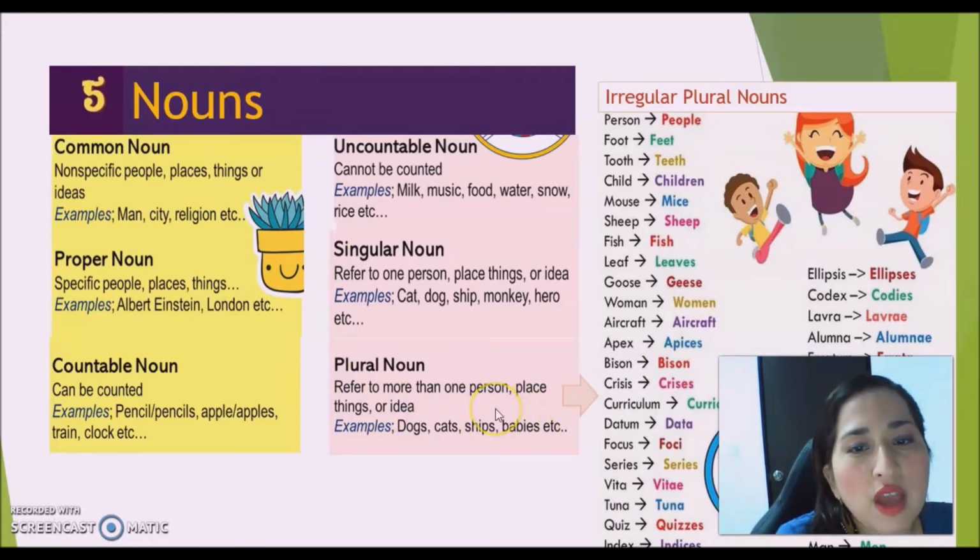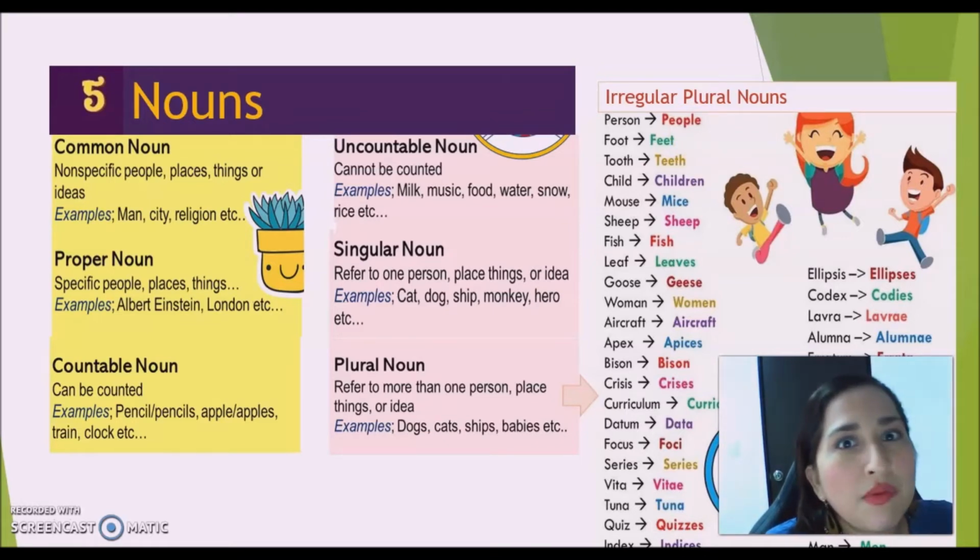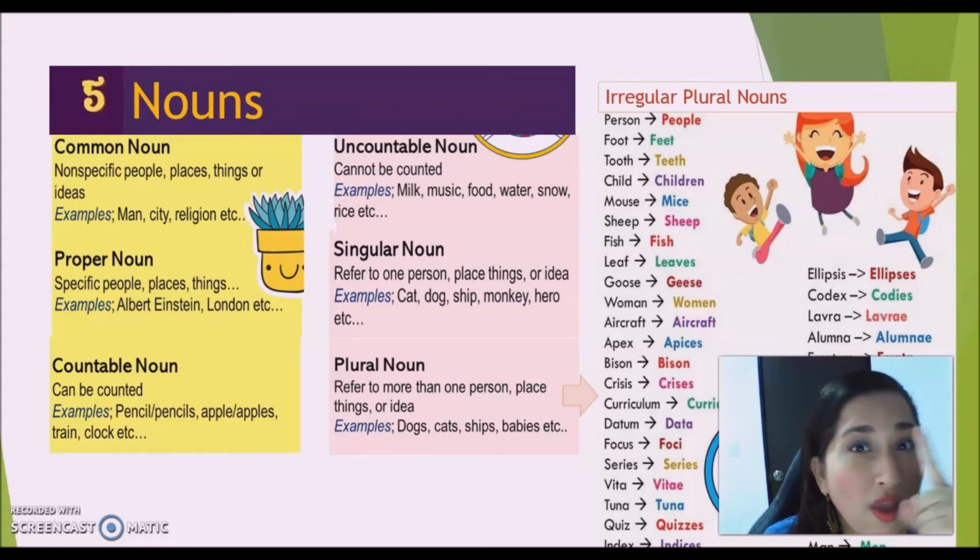But in English we have some irregular plural nouns. For example, if you refer to a person, the singular noun is person, but the plural is people. Sometimes students make the mistake of adding s to represent the plural. For example, dog, dogs. In this case, it's correct. But for people, when we talk about one, you write person.